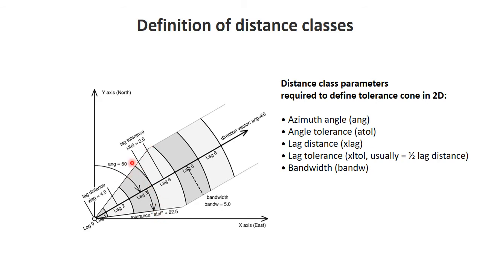And then at some point, this cone will just keep on continuing, and points that are far apart will get amalgamated into the same direction, even though they don't lie around that direction. So I also need to define a maximum bandwidth that I will allow around that. So this would be that bandwidth. So the things to note here are the angle tolerance, lag tolerance, and the bandwidth.